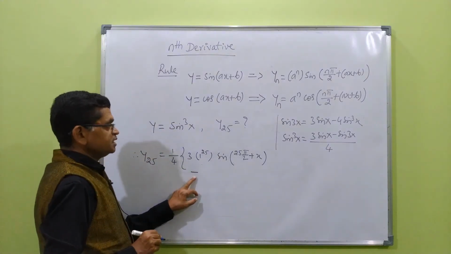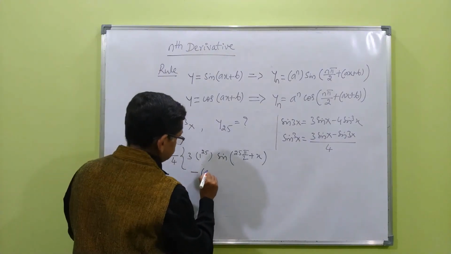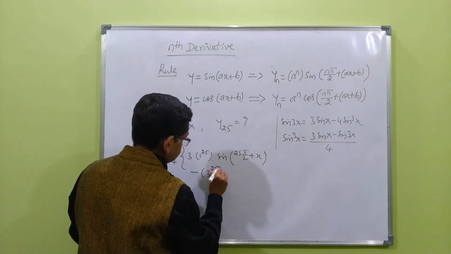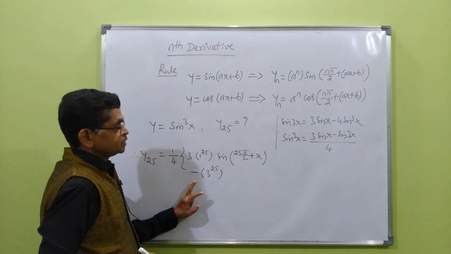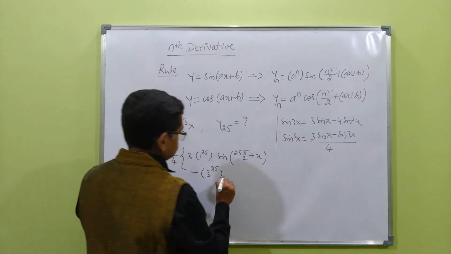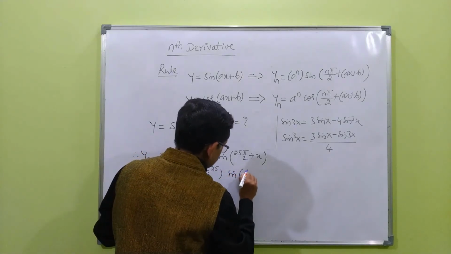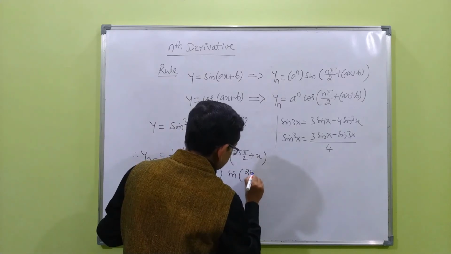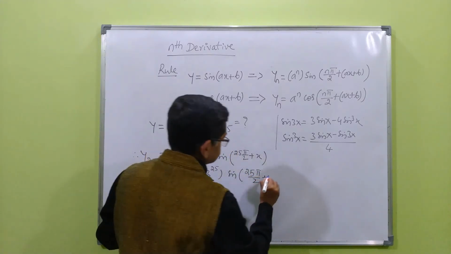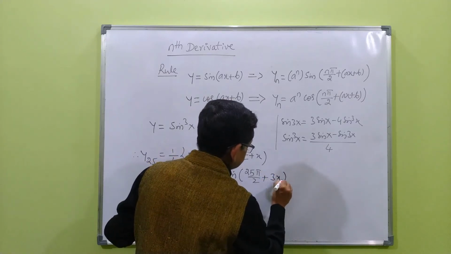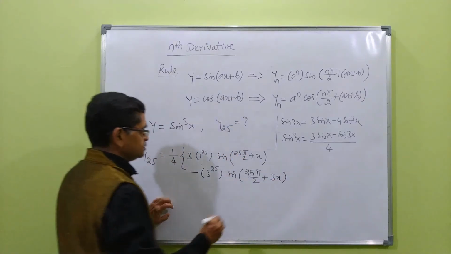Minus, here a is 3 to the power 25, a is 3, a raised to n, and sine of 25π by 2 plus 3x, ax plus b is 3x.